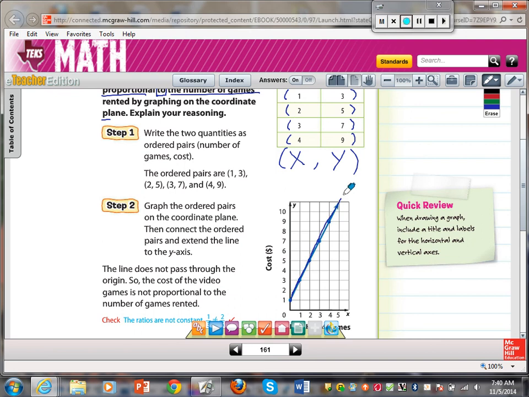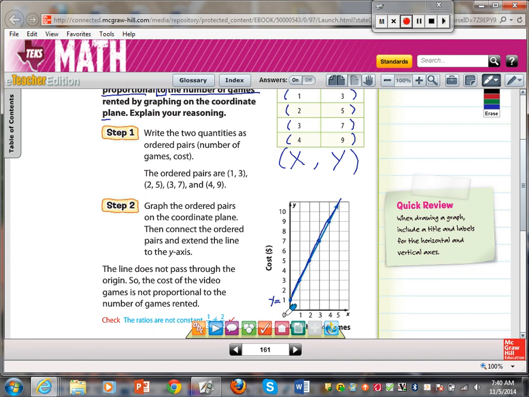Yes, it is a straight line, but did it go through the origin? The answer here would be no, because the origin is right here, and this line started at y equals 1. It's supposed to start at y equals 0.